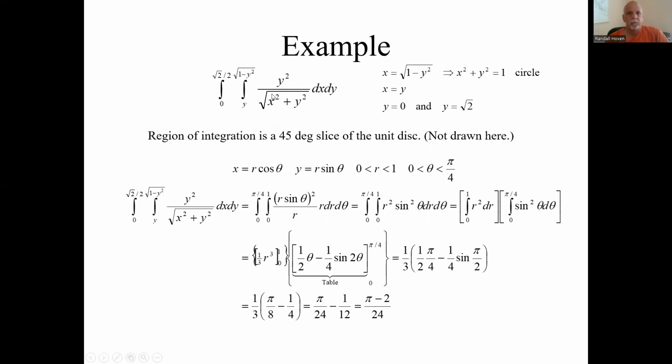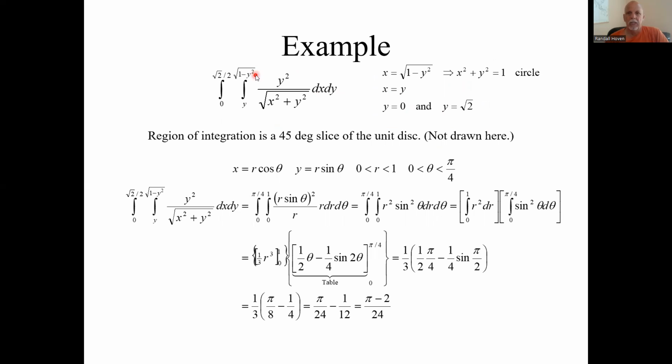Another case, given to us in rectangular coordinates. It's kind of tough. I should have drawn it here, but you look at these limits. This lower limit, x equals y, it's just a straight line at 45 degrees.